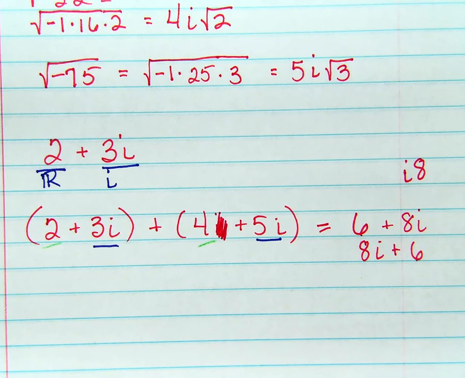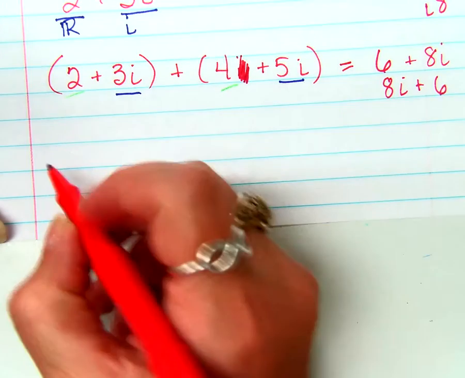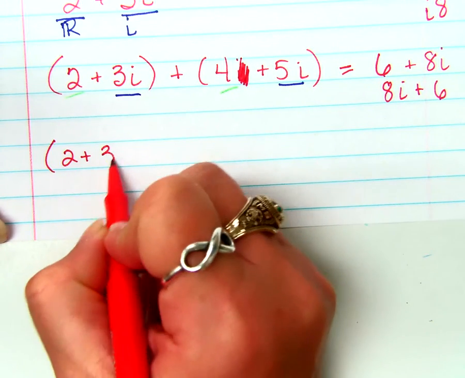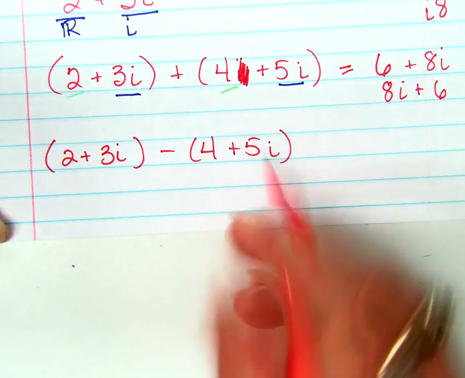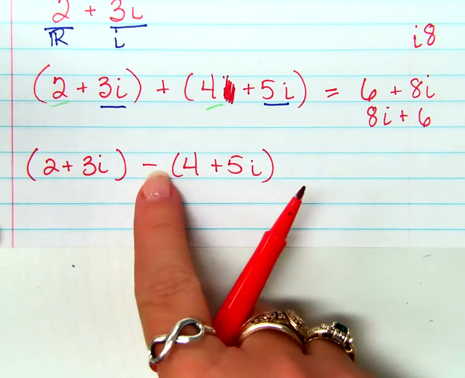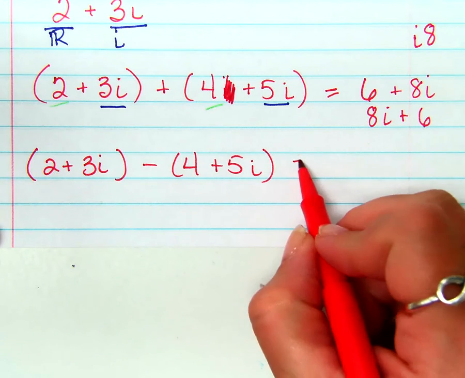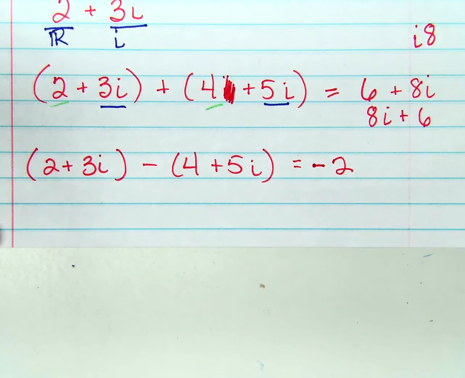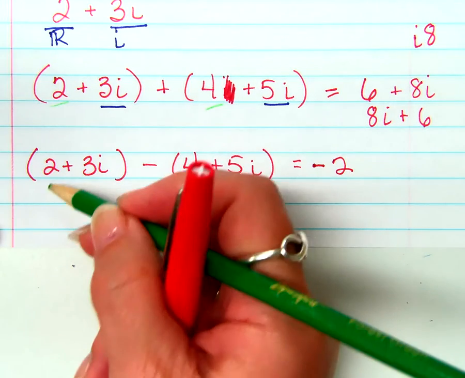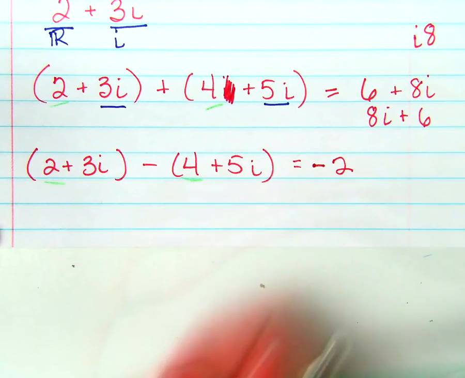Okay? So if we can add, can we subtract? Yes? Okay. So what is 2 minus 4? -2. Because I took my two real parts and subtracted them, just like it says.